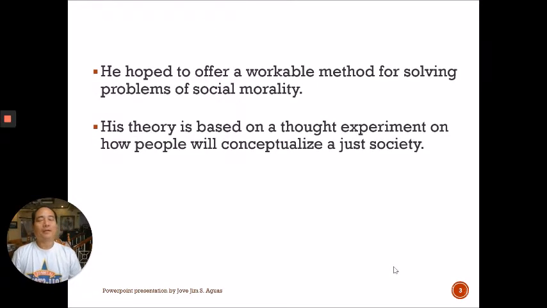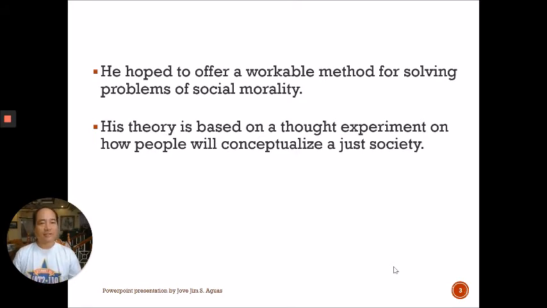So, John Rawls hoped to offer a workable method for solving the problems of our society, meaning the moral problems of our society. And one of these problems is, of course, social injustice, meaning the distribution of the benefits of the goods. So his theory is based on a thought experiment.